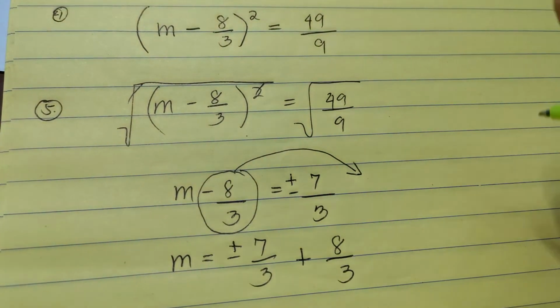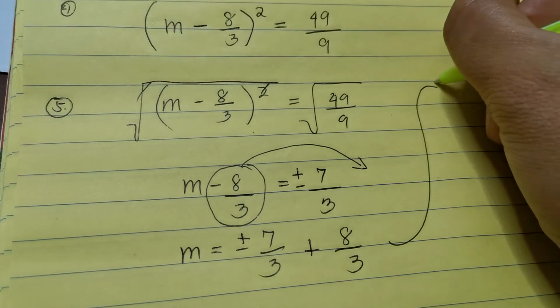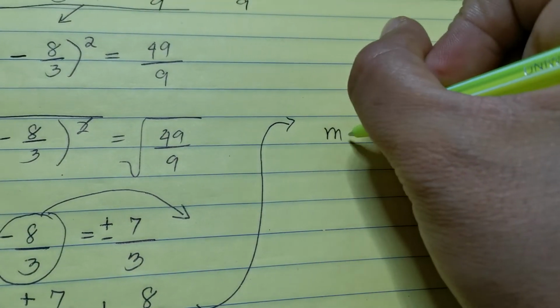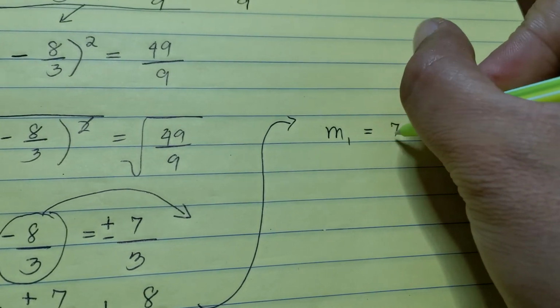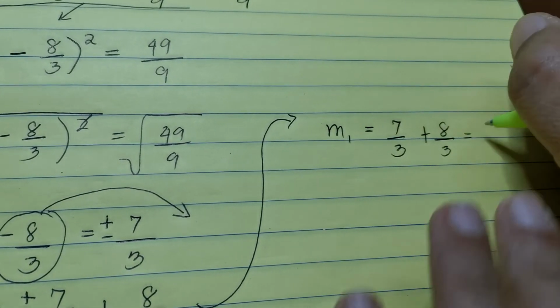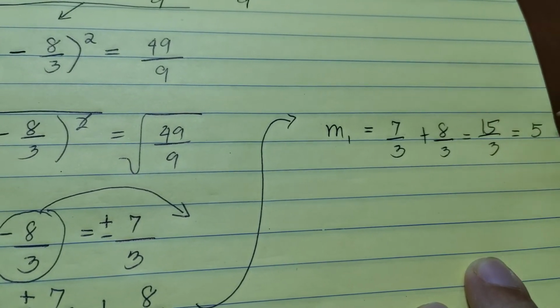So our m sub 1, let me write it here, I ran out of space. m sub 1 is equal to positive 7 over 3 plus 8 over 3. That will give us 15 over 3, or 5.